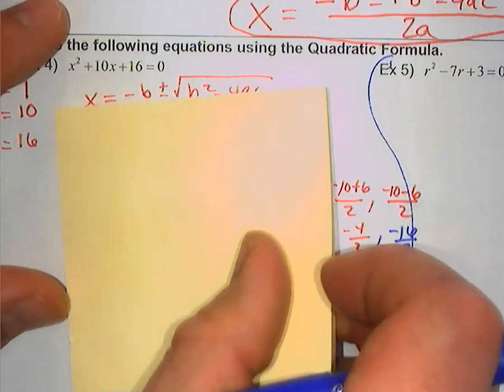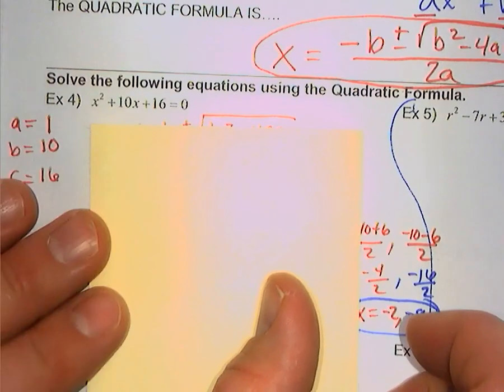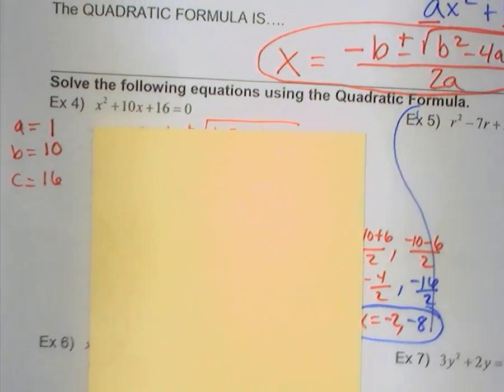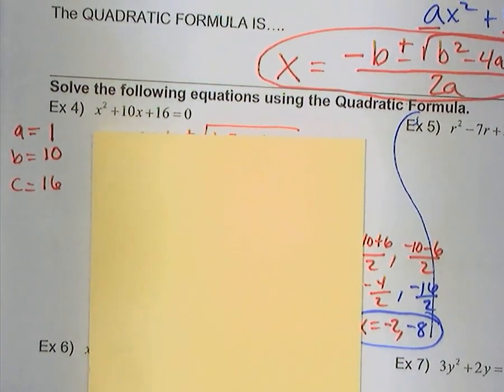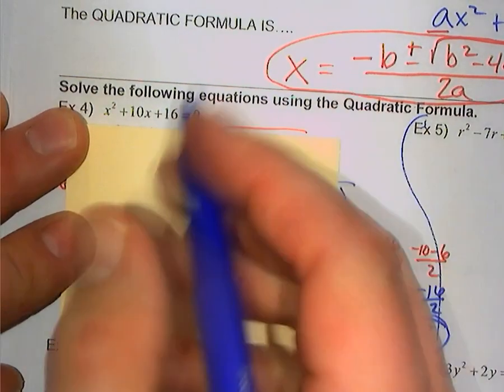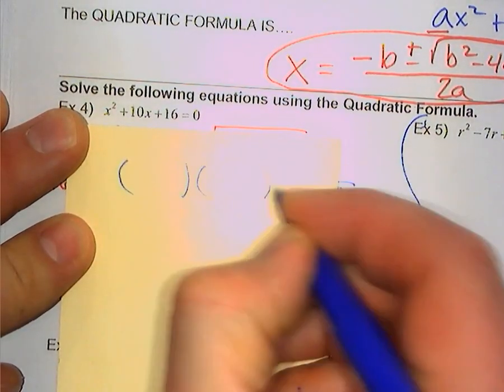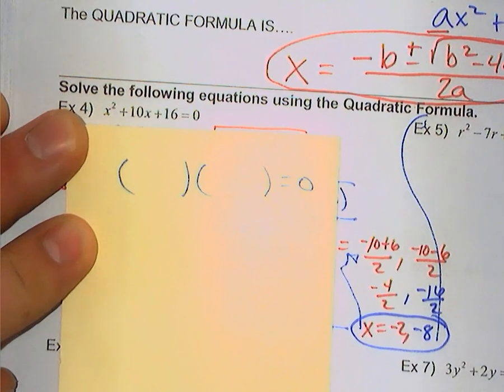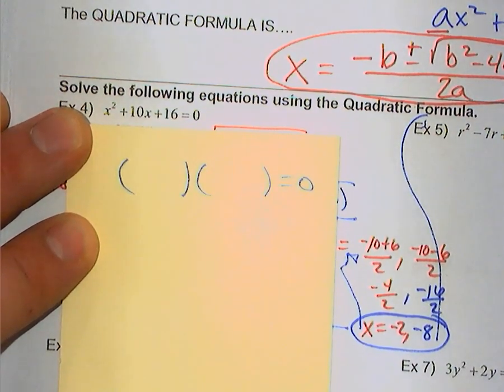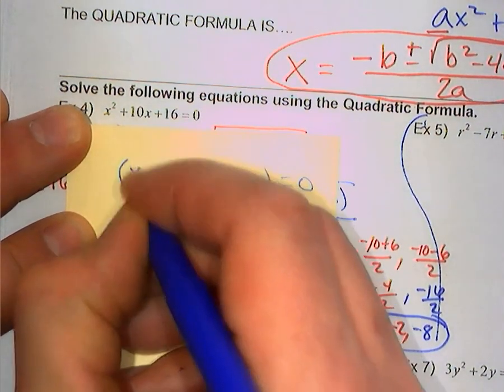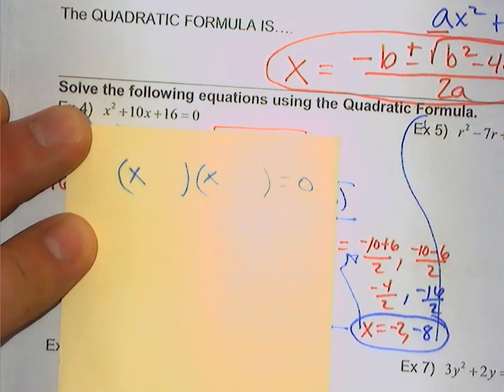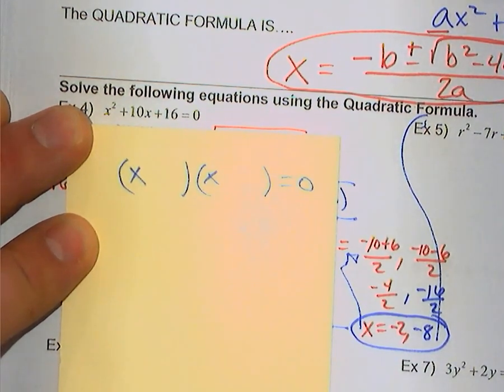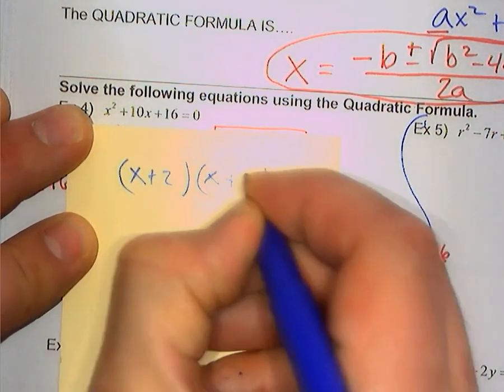Now, you have a relationship to what we were doing before. Couldn't I just factor this? What are factors of 16 that add up to 10? So factors of x squared are x and x, and what are factors of 16 that add up to 10? 2 and 8, so plus 2 and plus 8.